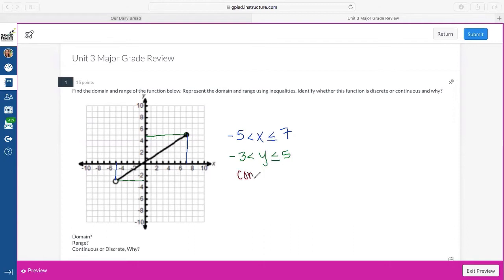So you write the domain and range down on here, and then we write it in continuous? Yeah.